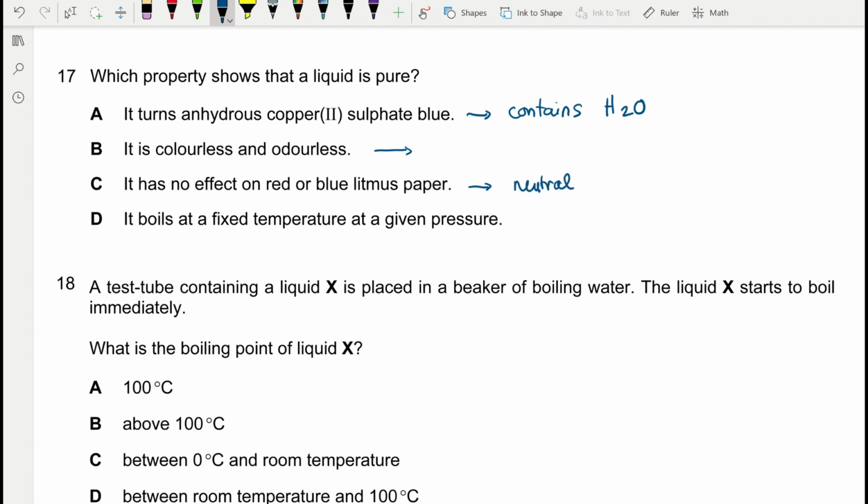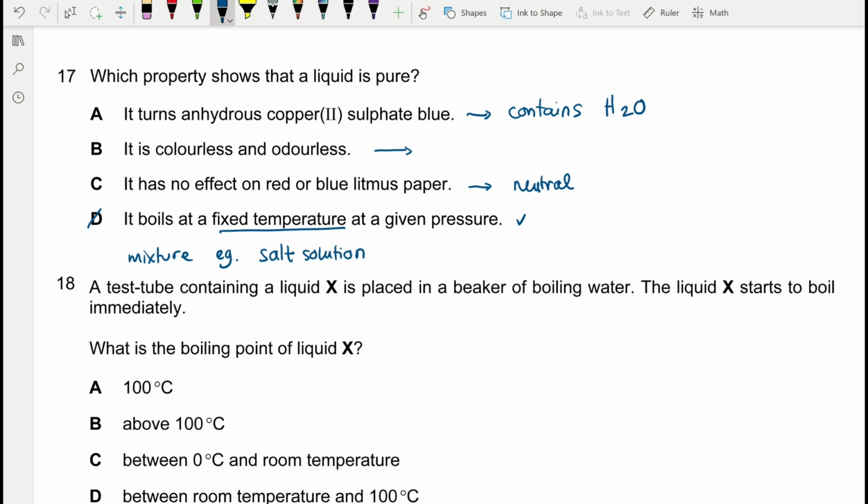It boils at a fixed temperature at a given pressure. This is the correct answer. A pure substance boils and freezes at a fixed temperature. By fixed temperature, it means that at one temperature, the whole substance will boil off. So if we're dealing with a mixture, let's say salt solution, this means we have a lot of water and salt dissolved in the water.